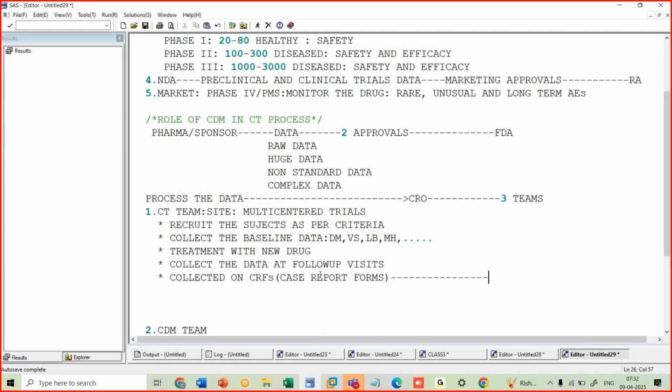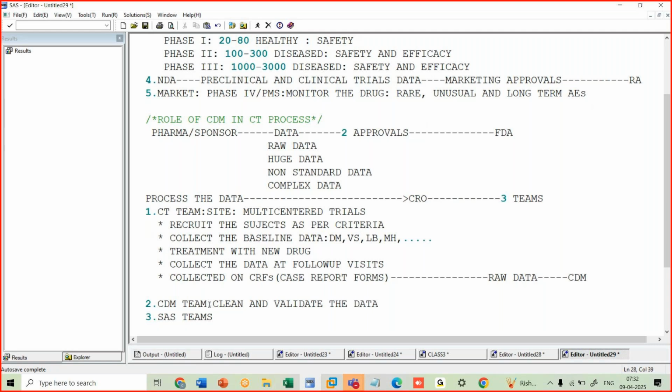Now you have all your data on the case report forms. But this is raw data. We cannot directly submit this data to regulatory authorities, so we need the help of CDM, clinical data management. Your data will be captured into CDM databases, then validated. The CDM's ultimate role is to clean and validate the data.